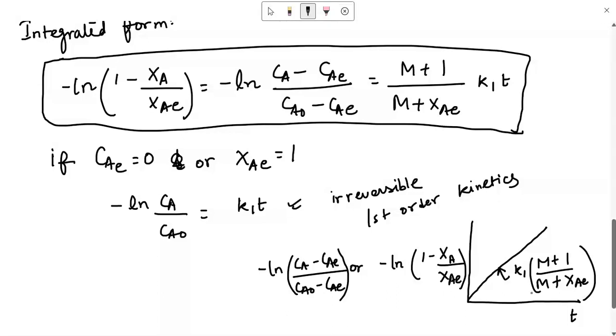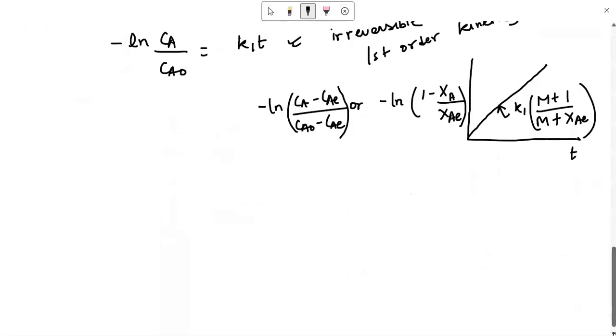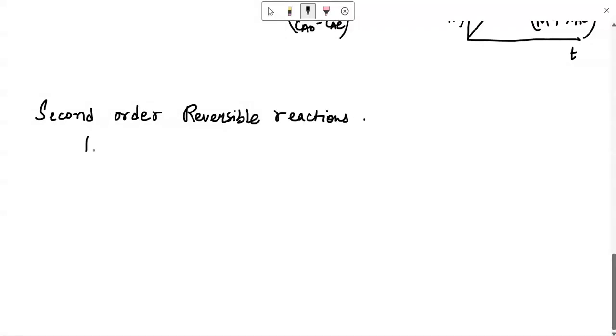Okay, it involves integrations. Now if you do a similar thing for second order reversible reactions, let me show you the cases for second order reversible reactions. So here I am considering bimolecular second order reaction types.